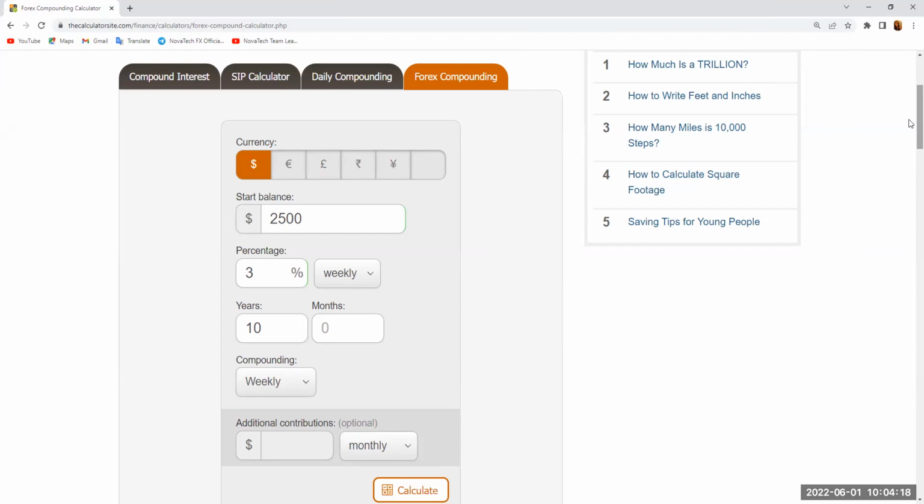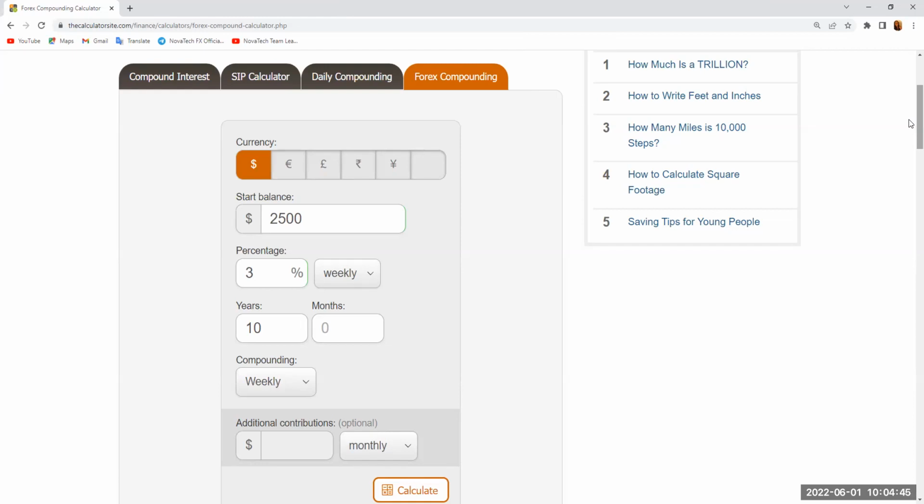Some weeks it's a little less than 2%, and some weeks it's a little more than 4%. However, we use 3% as an average to forecast because, quite frankly, that is what we have done over the last 3 years. Novatech has been in business since June of 2019.